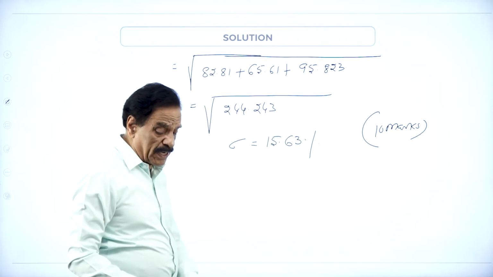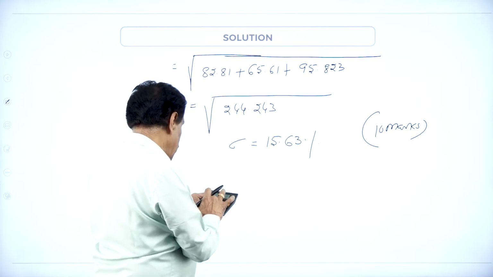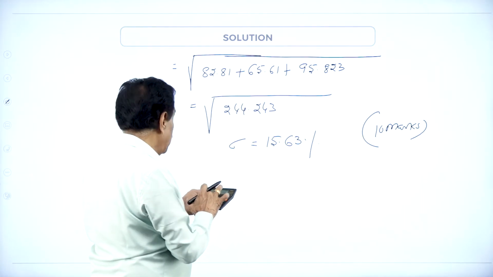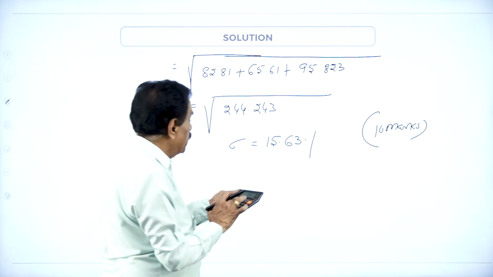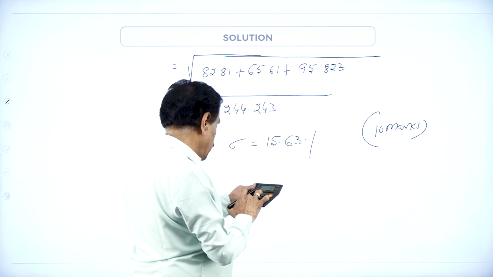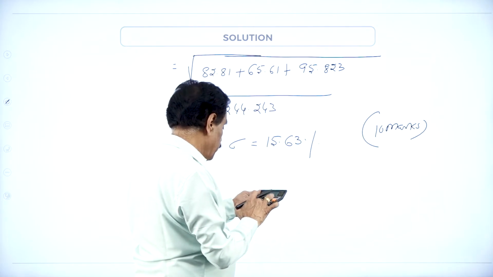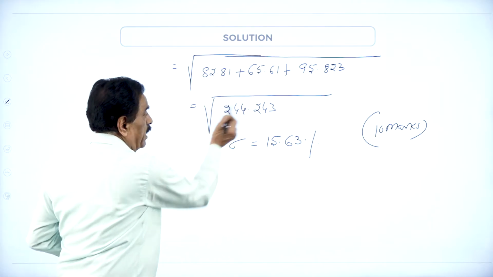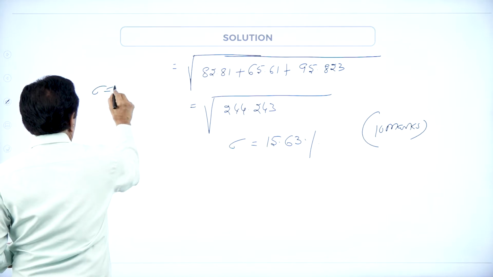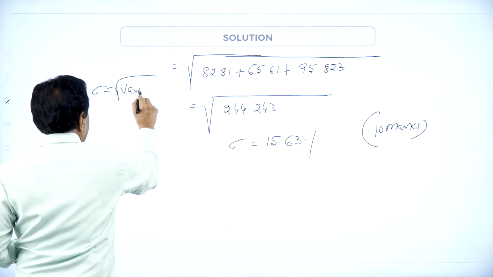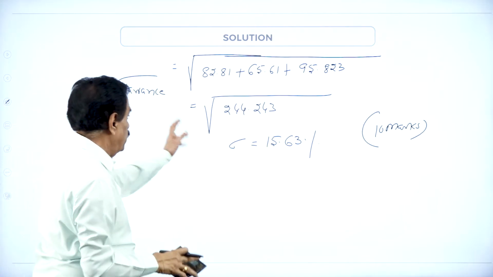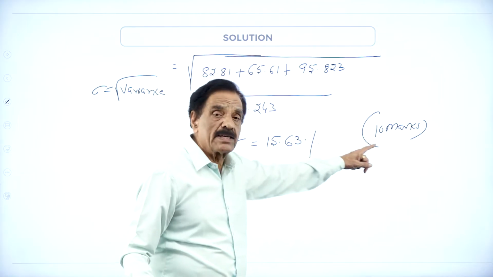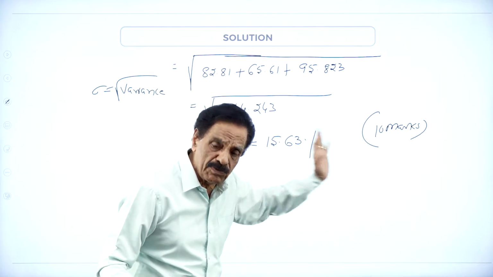If we add all these figures, 82.81 plus 65.61 plus 95.823 is 244.243. Root of this is your standard deviation, because standard deviation is equal to root of variance. So 244.243 is your variance. Your standard deviation is 15.63. 10 marks in the examination point of view. Very easy, 10 marks for you.